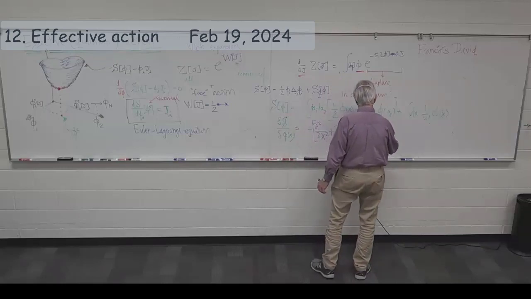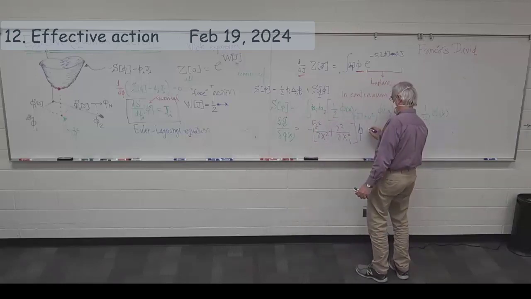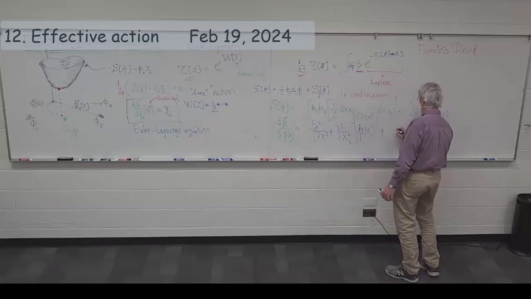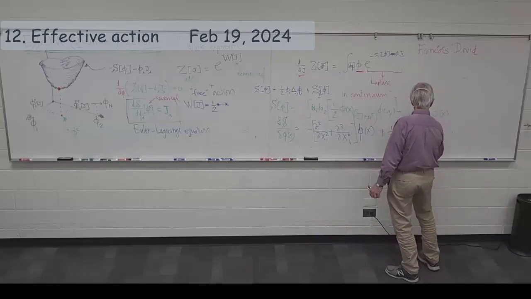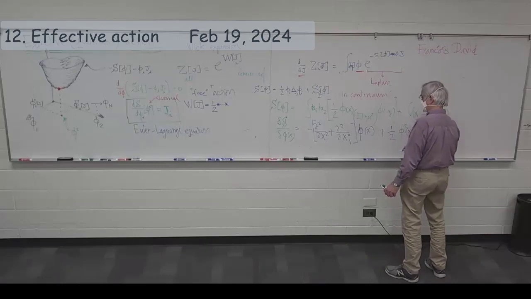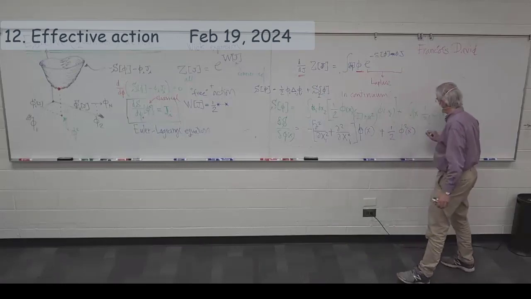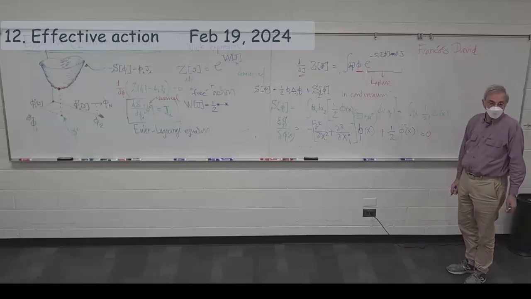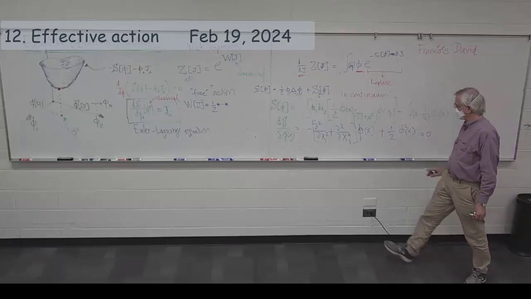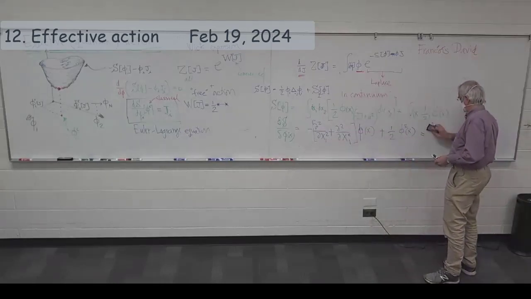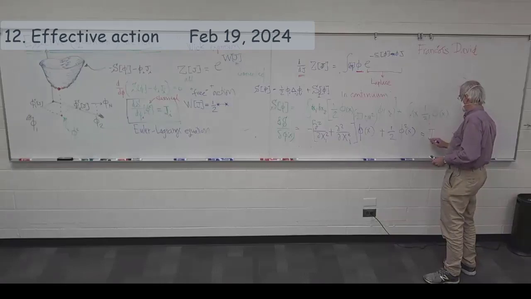Of phi of x plus 1/2 phi squared of x. And the Euler-Lagrange says this should be 0, or it should be sources if you're doing something that's inhomogeneous, J of x.